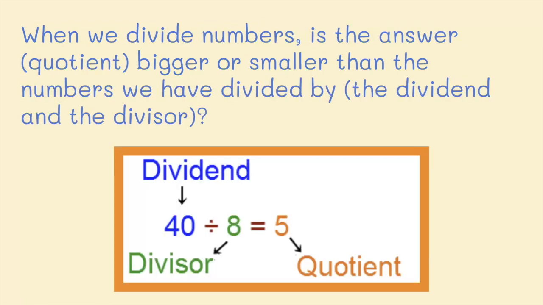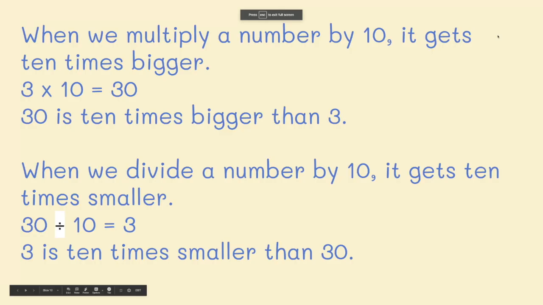When we divide numbers, we need to remember that the answer, or the quotient, is smaller than the numbers we have divided by. So the dividend and the divisor. In this example here, 40, which is the dividend, is divided by 8, and the answer is 5, which is our quotient.